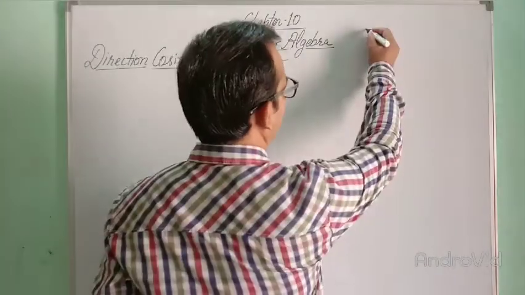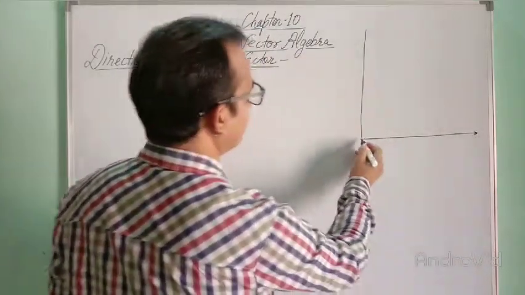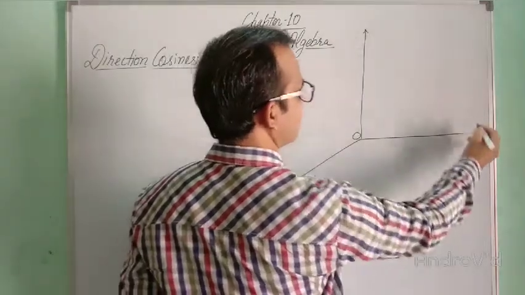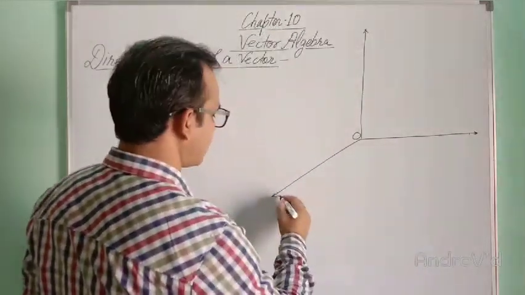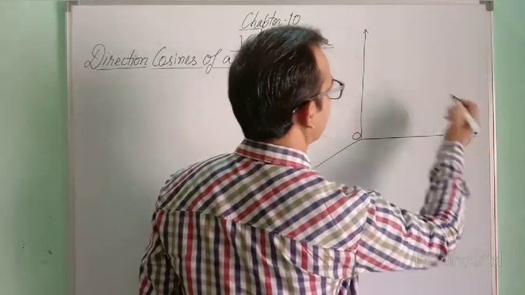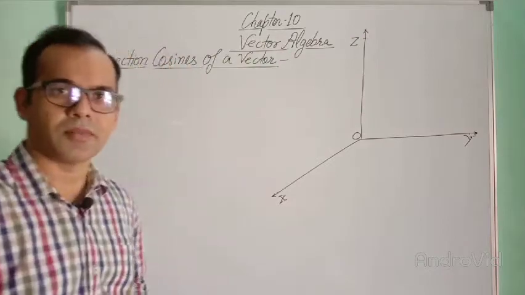So, in space, suppose this is the right-handed rectangular coordinate system. This is the x-axis, this is the y-axis, and this is the z-axis here.